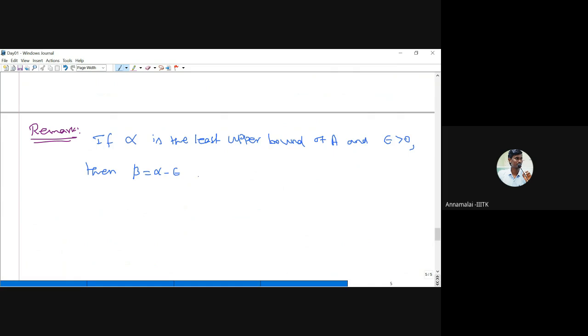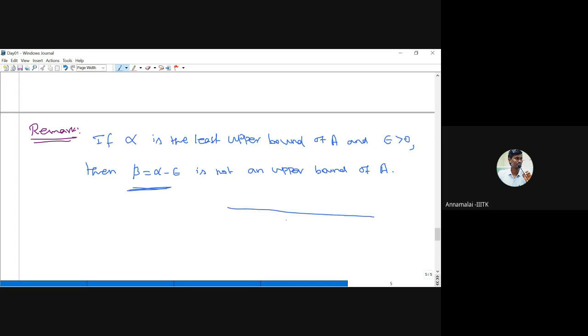Then this number is not an upper bound of A, because alpha is the least one. Suppose you are subtracting some positive quantity, the number is not an upper bound. So this number is not an upper bound means what?